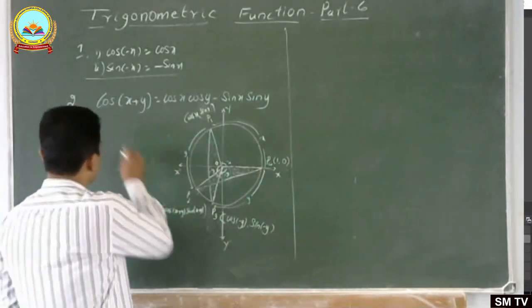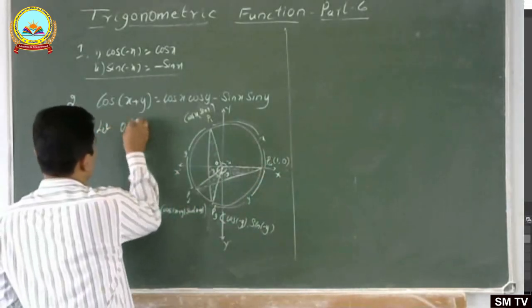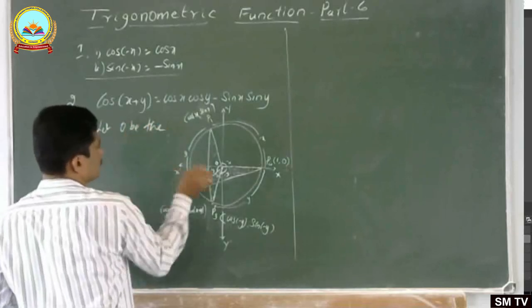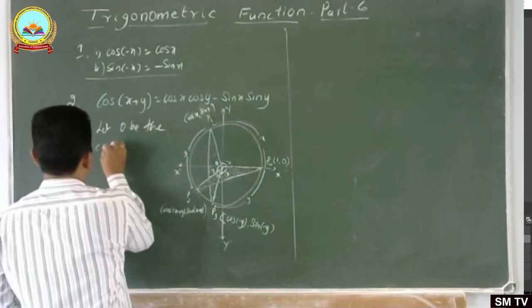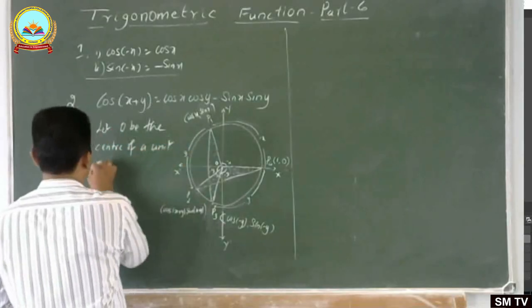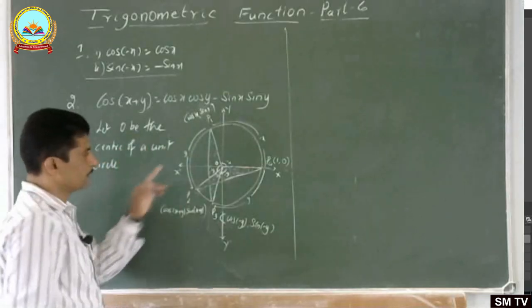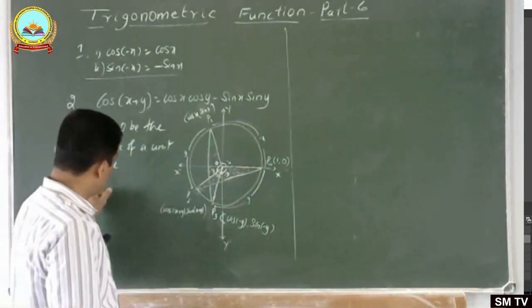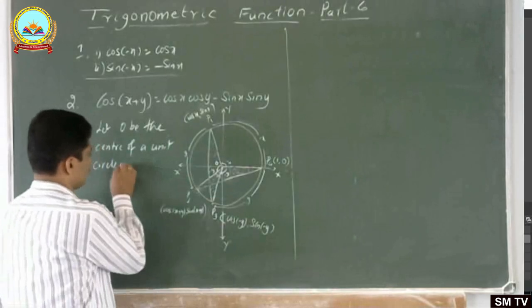Let us assume that O is the center of the unit circle. Consider a circle with the center at the origin.